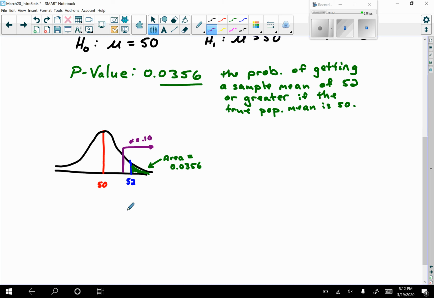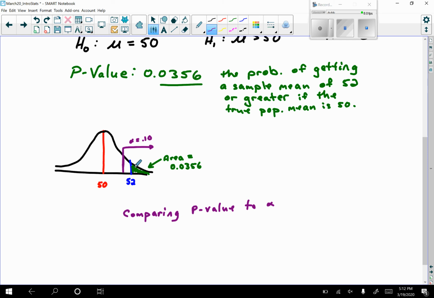So in this case, we are going to be comparing the p-value to alpha to help us make our decision. So we're looking at areas here, so shaded regions versus the critical numbers. So I don't really have a critical value separating my critical region from the non-critical region.